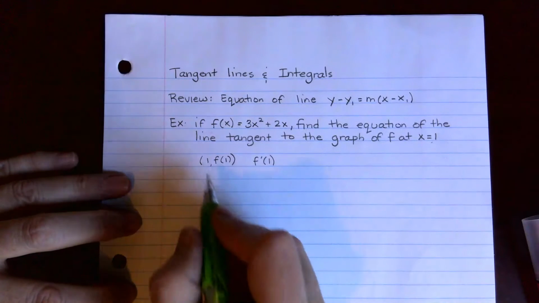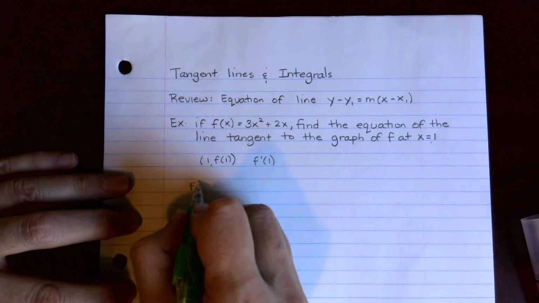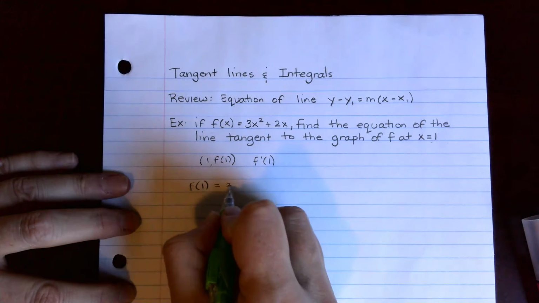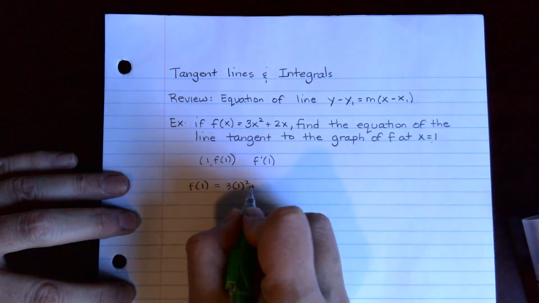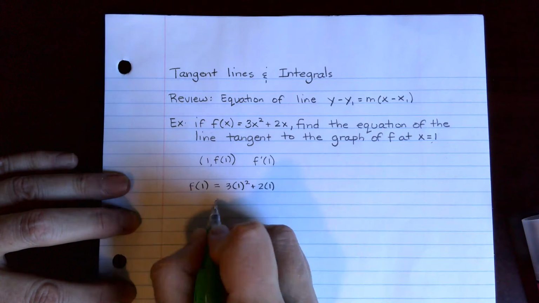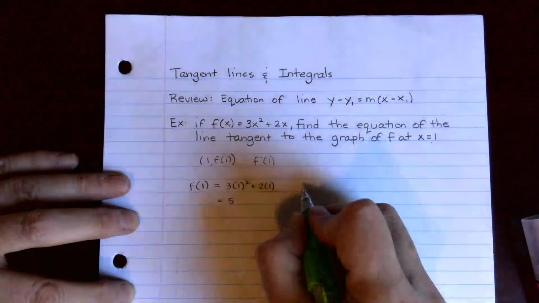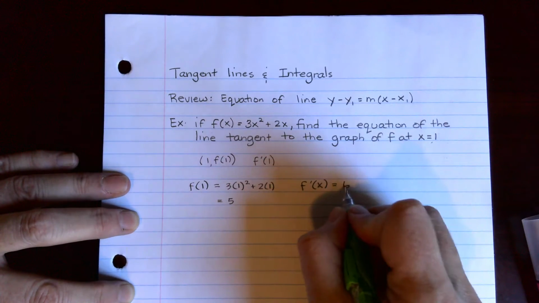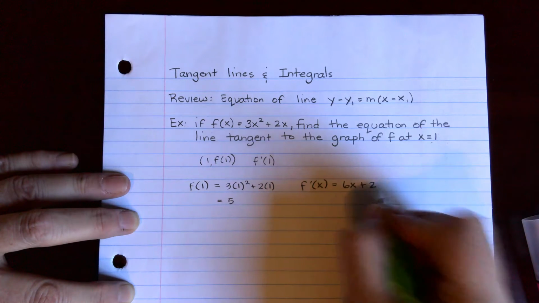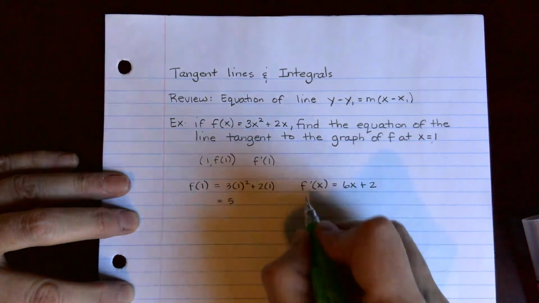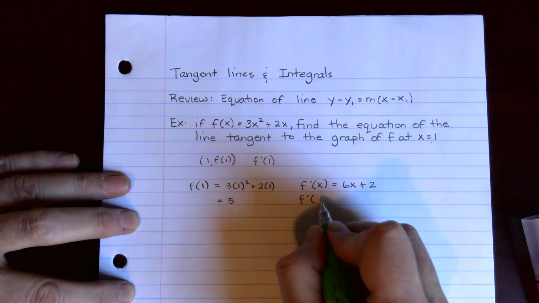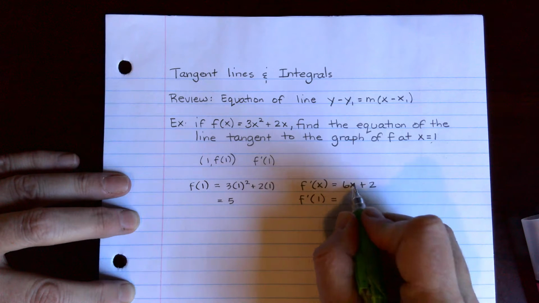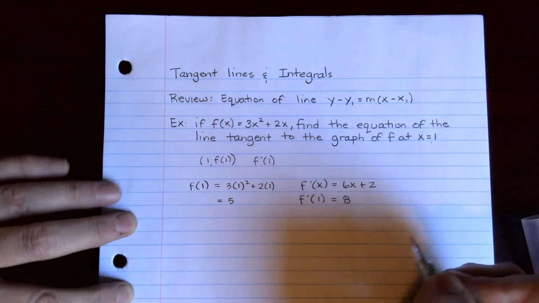So let's find f of 1. Well, that's just 3 times 1 squared plus 2 times 1, which is 5. f prime of x is 6x plus 2. So f prime of 1 is 6 times 1 plus 2, which is 8.